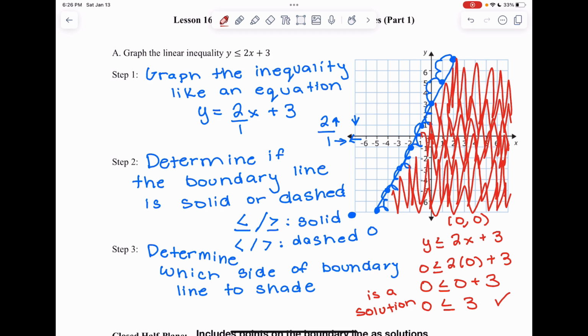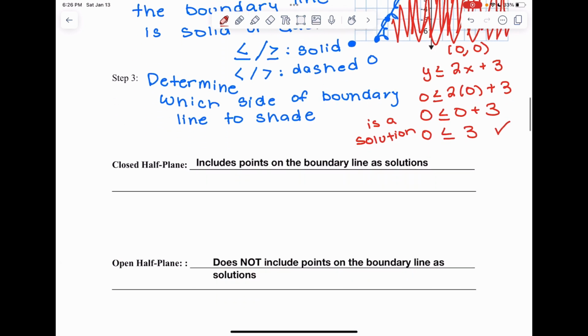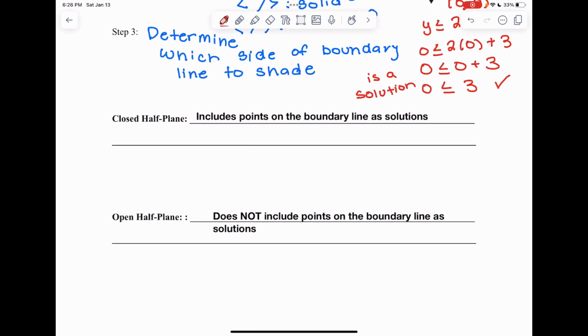Before we try some more examples, I have 2 vocabulary words for you: a closed half plane and an open half plane. A closed half plane includes points on the boundary line as solutions. So this is when I have a solid boundary line, and any points on the boundary line will be solutions to the inequality.